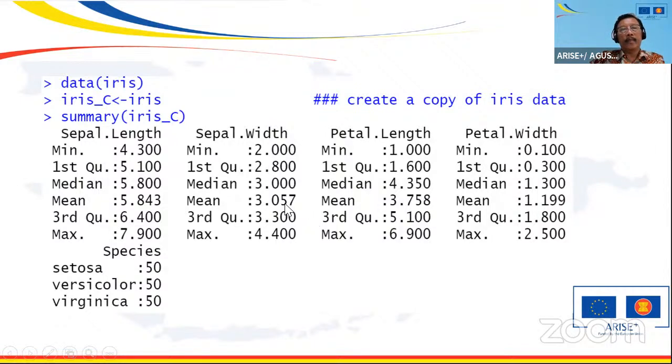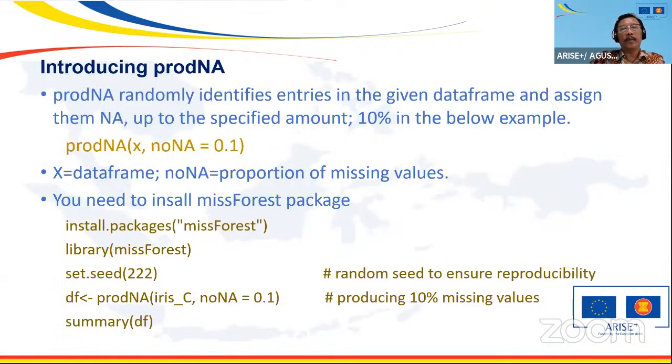But for the sake of exercise, we want to create missing values, introduce missing values. So this is the statement. You can introduce NA into our data set and then try to impute it. Later you can compare with the actual one. This is a good simulation.